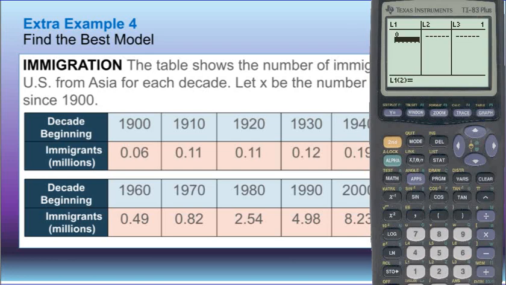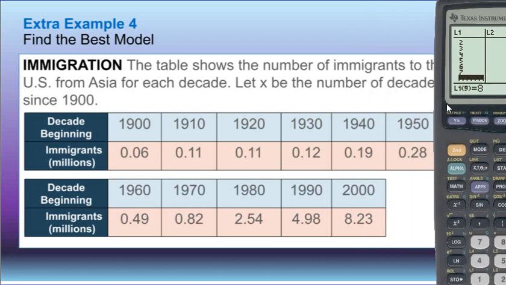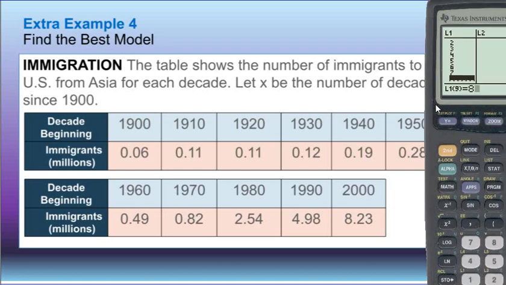So every 10 years, we would have 1, enter, 2, enter, 3, enter, 4, enter, 5, enter, 6, 7, 8. Let's see, how many do we have? So we got 0, 1, 2, 3, 4, 5, 6, 7, 8, 9, 10. So I gotta go to 10.